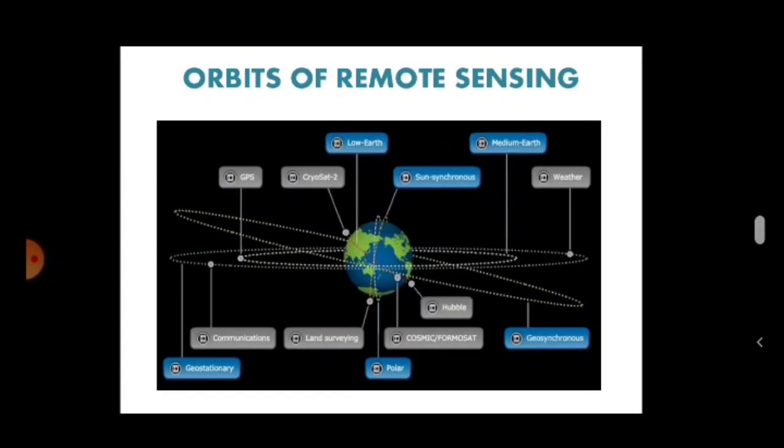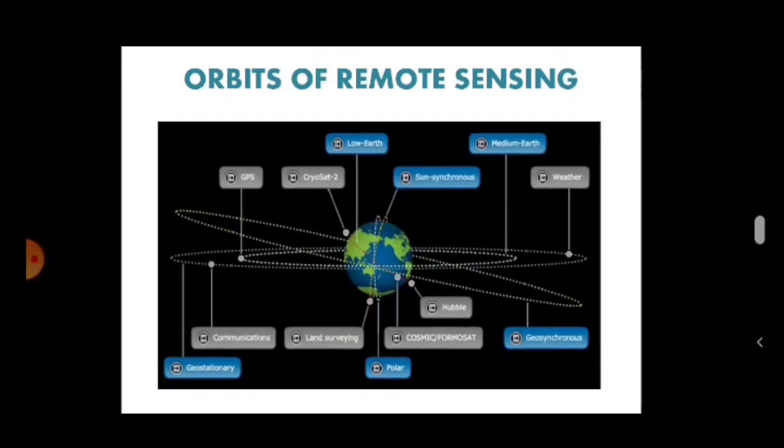To clarify, the revisit time, or the time between two subsequent images of the same area, is determined by this repeat cycle, along with the pointing capability of the sensor. You may wonder what pointing capability is. Simply, it is the ability of a sensor to look sideways.